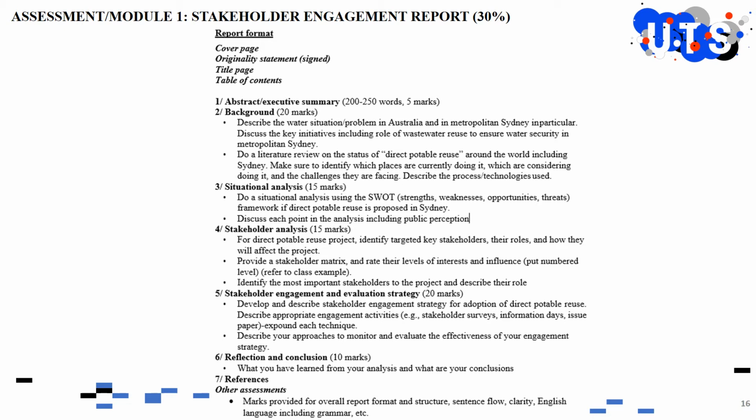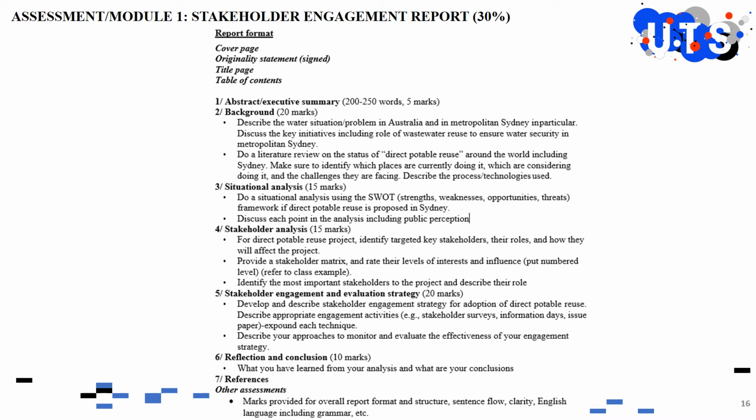First, background. You can describe the water situation problem in Australia and in Metropolitan Sydney, and discuss the key initiatives, including the role of wastewater reuse to ensure water security in the Sydney area.